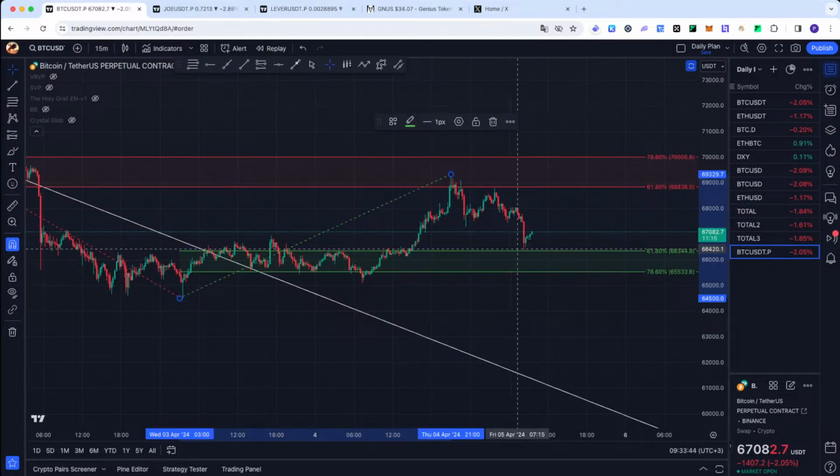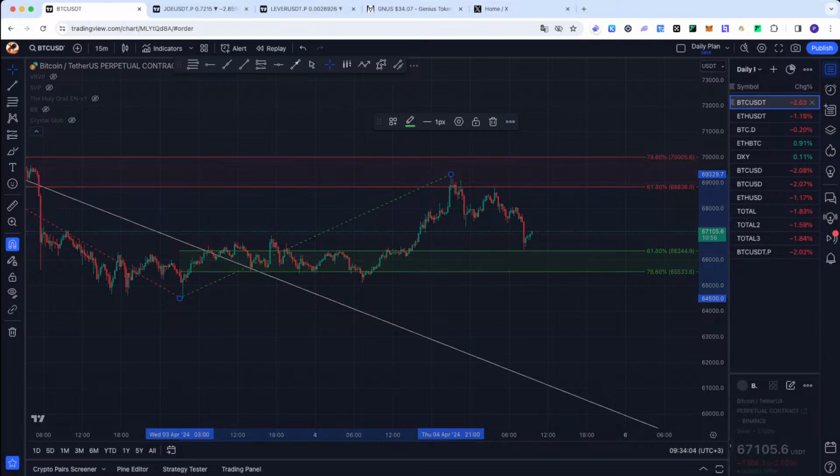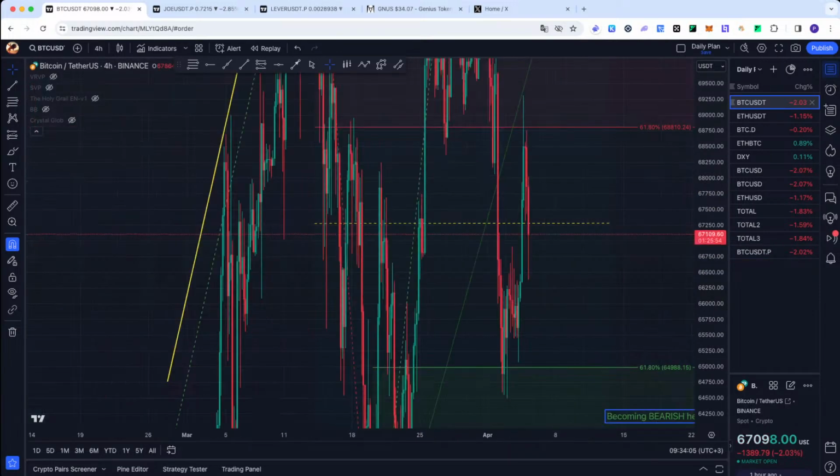We'll reject, anticipate mountain man, bounce. Let's see how strong that bounce is, and then we'll dip again. And altcoins, you know, at the first dump altcoins hold. At the second dump they don't hold anymore. Okay, let's go back to the 4-hour chart. That was just an exception to see what we have.